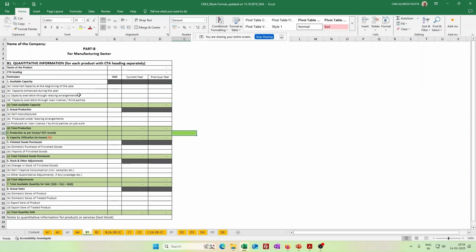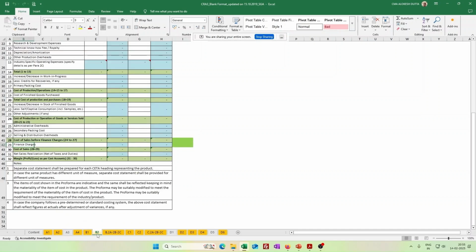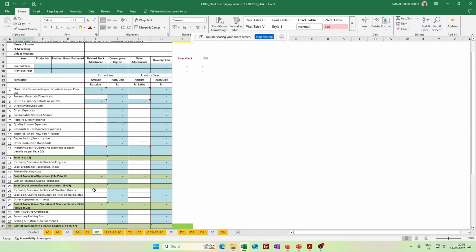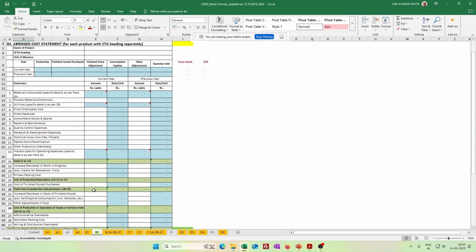Now B2 is the average cost statement. Here it should be prepared from the trial balance after regrouping of the different SAP codes or financial codes, which I will show you later on. And this is equivalent to the profit and loss of the financial accounts.